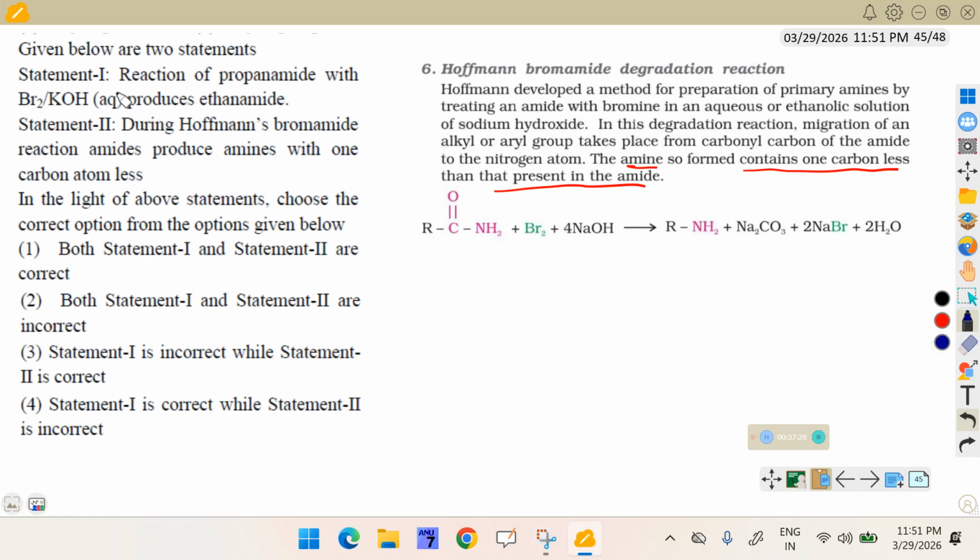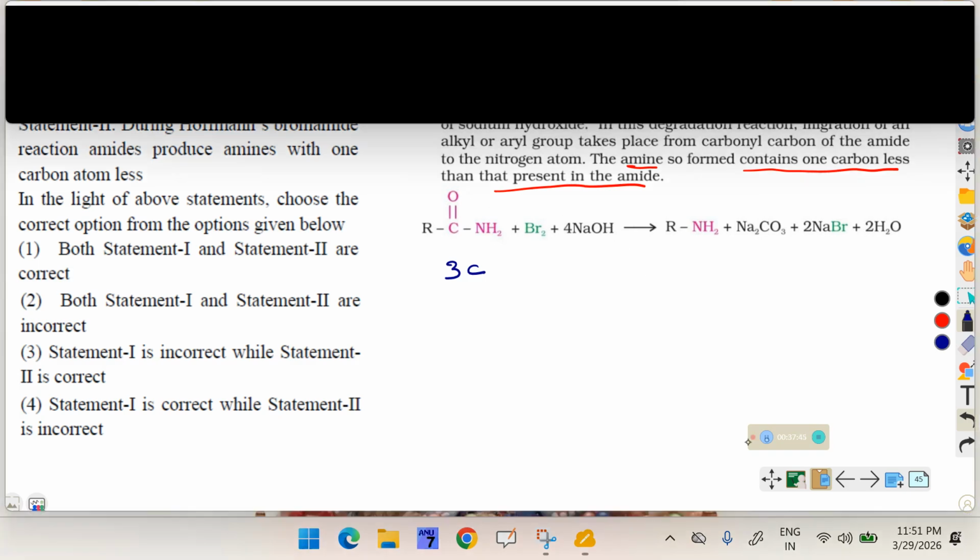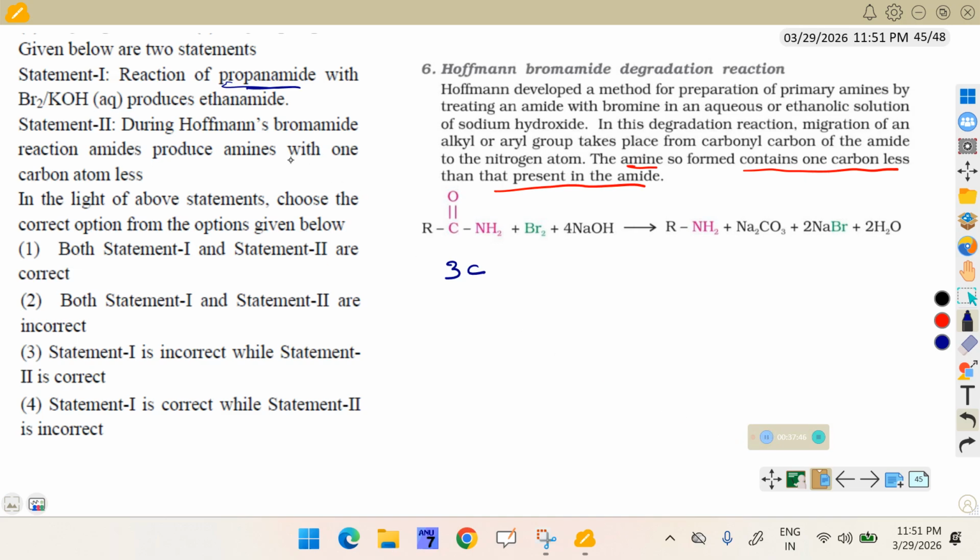Statement 1. Reaction of propanamide, amide contains 3 carbons, with bromine KOH produces ethanamide. Not ethanamide, statement 1 is wrong.